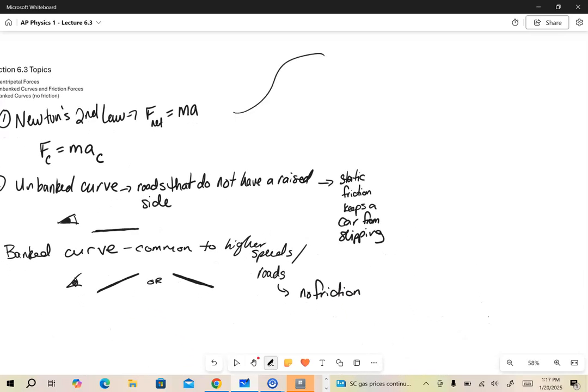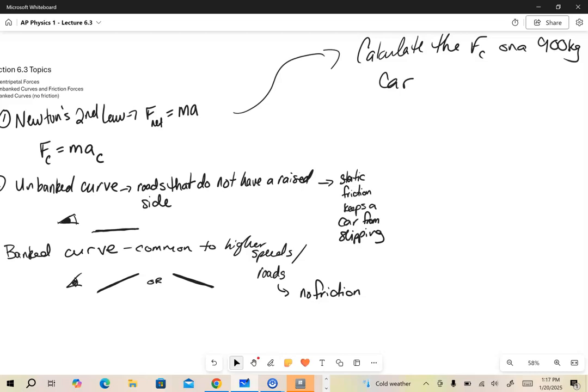All right, so here's an example. We want to calculate the centripetal force on a 900 kilogram car with a 500 meter radius at 25 meters per second.